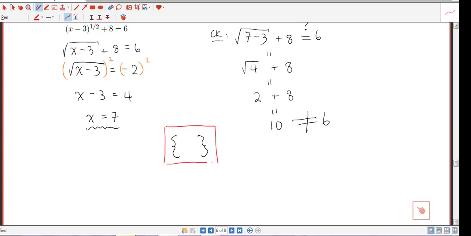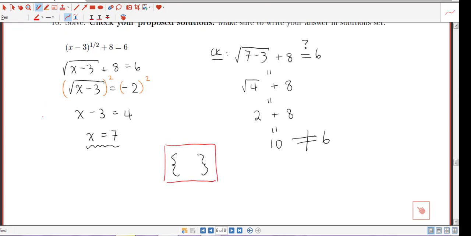But now let's scroll back a little bit. Look at the second step here. Before I squared it, do you see that I have square root of x minus 3 equals negative 2? Could the output of the square root ever be negative? Heck no, right?